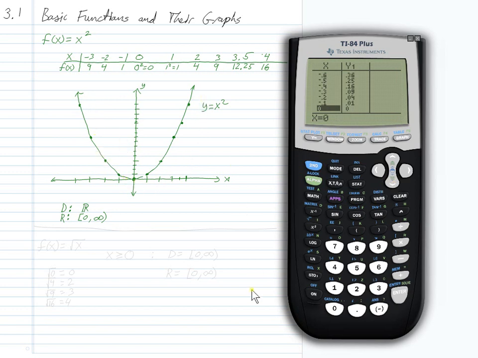We can do the same type of thing with our other functions. I'll put my table back to having a step every unit. And I'll change this to x cubed, and we can see what the table looks like for that guy.